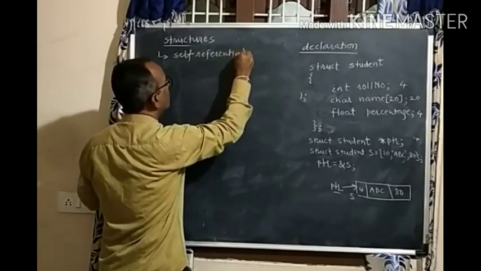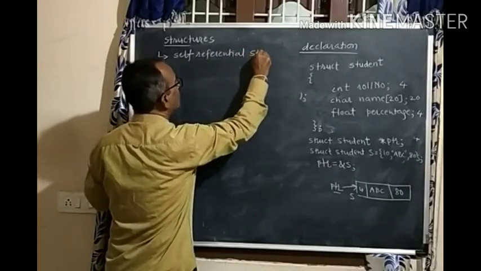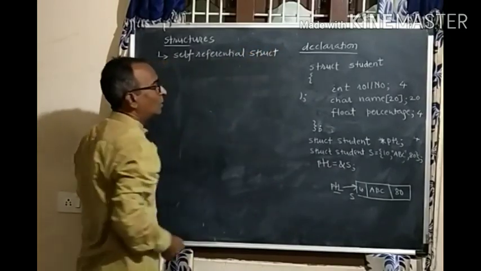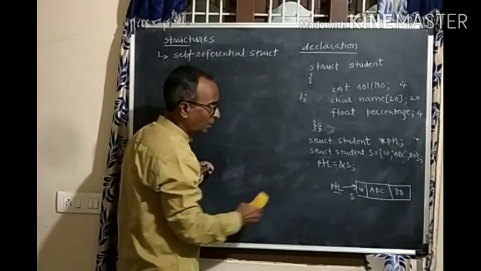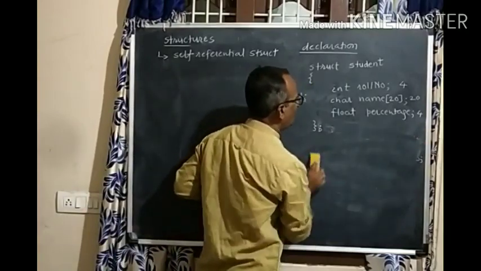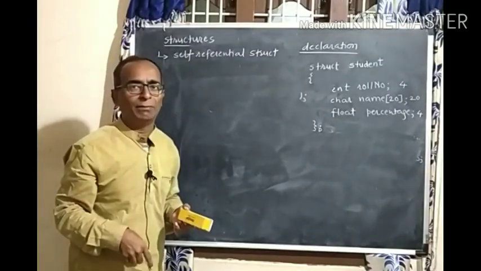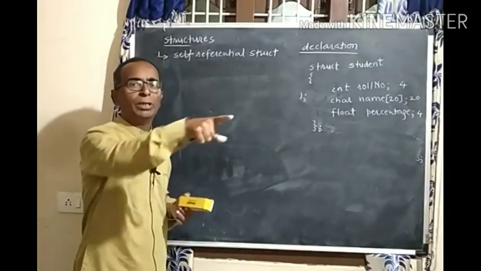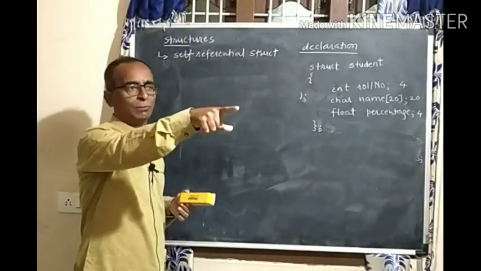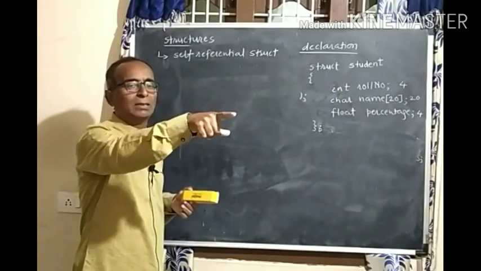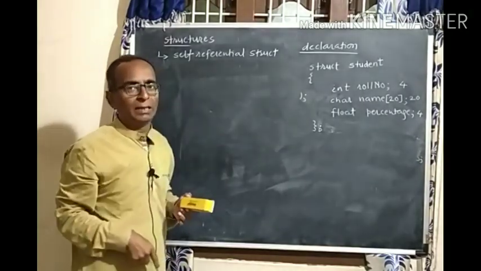What do you mean by self-referential structures? A structure referring to itself. I am human, and I am pointing to another human. So when I have that address, I am pointing to a similar category.